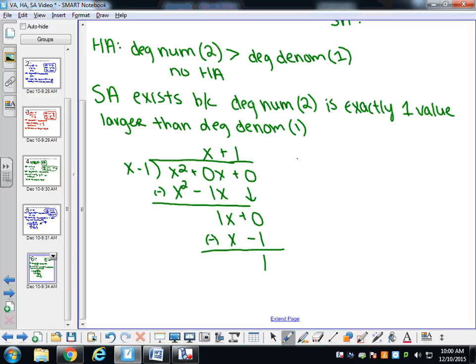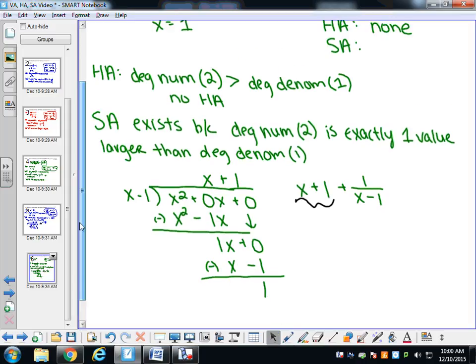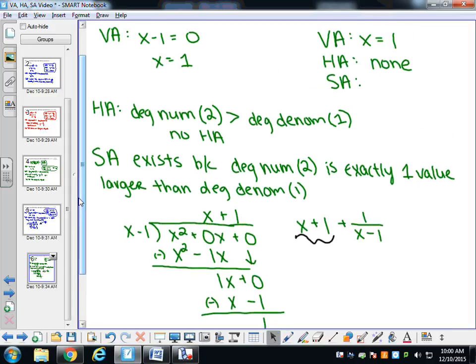So my answer is x plus 1 plus 1 over (x minus 1). But remember, I'm only concerned with the part that is not the remainder. So therefore, I know that my slant asymptote is y equals x plus 1.